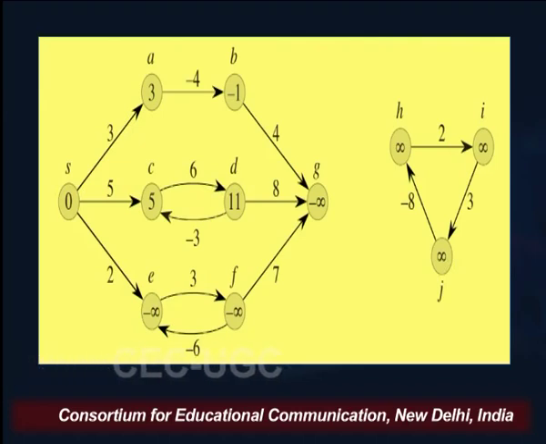And the edge from J to H has a negative weight, which is -8. I have just given you a snapshot of a graph with negative edge weights, and some vertices which are non-reachable if we start from a particular source vertex, because this graph has two disjoint components, one containing S and another, that triangle, containing H, I and J.